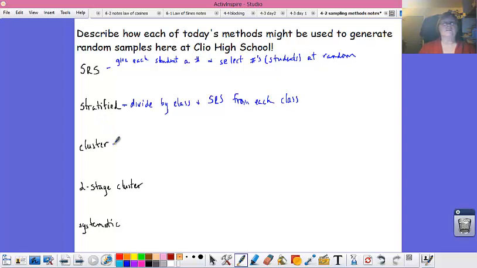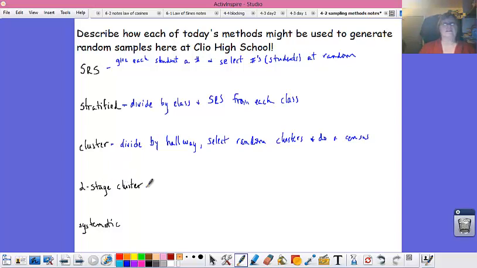If we wanted to do a cluster sample at the high school, you might divide the school by geographic location, divide by hallway, right? Think about the hallways, or maybe sides of each hallway, as being a cluster. Select random clusters and census, so ask each kid in the selected hallways.